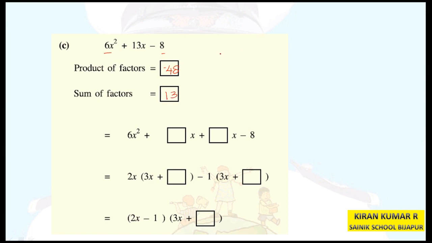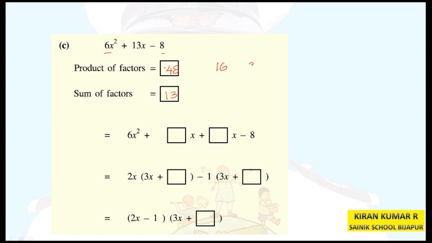Now you have to consider two different numbers such that their sum is 13 and the product is minus 48. If you feel it as difficult, you can prime factorize this and then find out the numbers combination. That is so easy. However, those who can guess, it's not at all difficult.